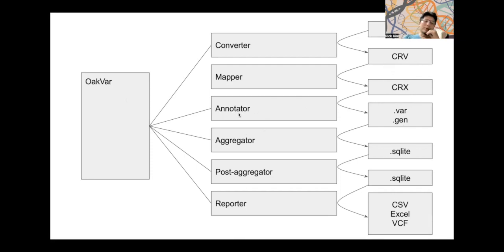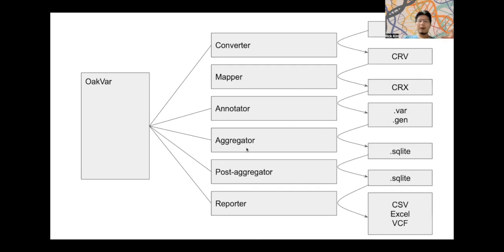For example, if we run CleanVar annotator, and the input file name was input.vcf, then this annotator and OakVar will generate input.vcf.cleanvar.var. BioGrid is a gene level annotator, so it will generate input.vcf.biogrid.gen.